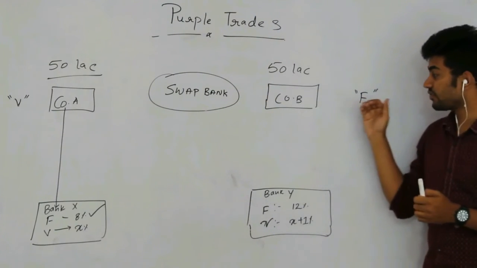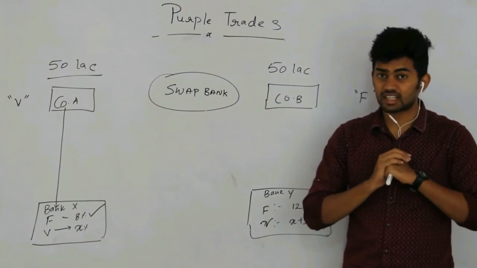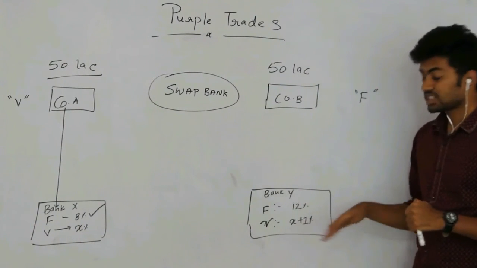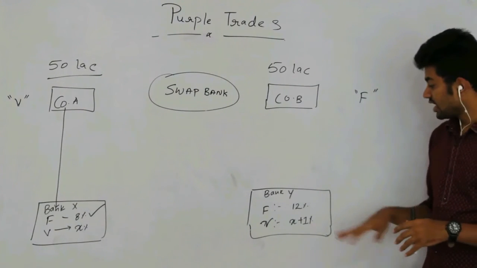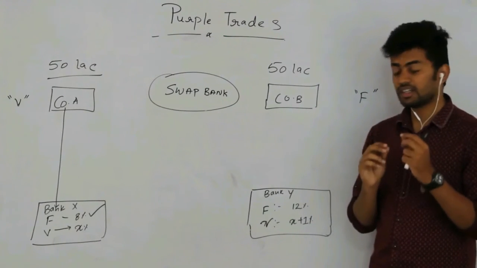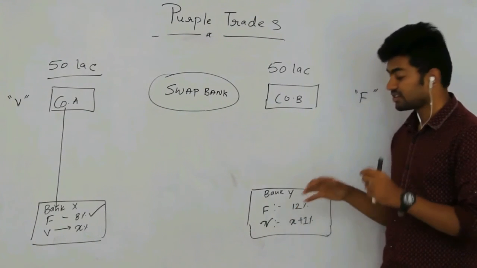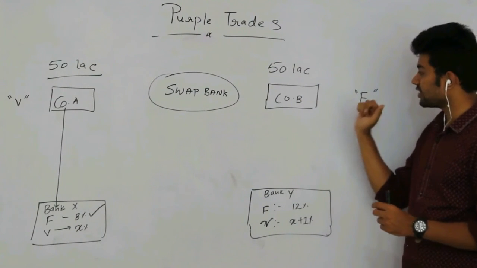Company B wants a fixed rate of interest because it is a startup, it cannot take risk. Variable X plus 1 can increase exponentially if the economic condition drops down, and since it is a startup, it wants a predetermined or fixed rate of interest which it can pay. So company B wants to opt for a fixed rate of interest.